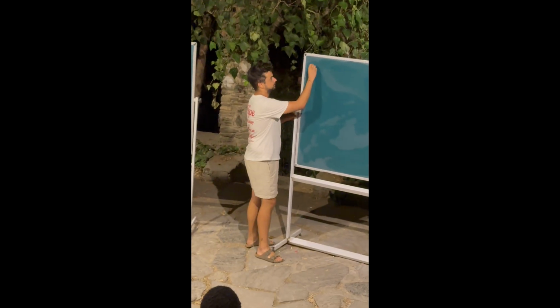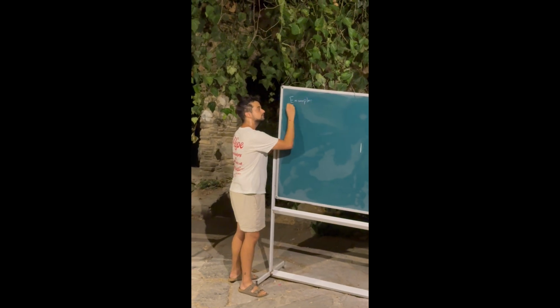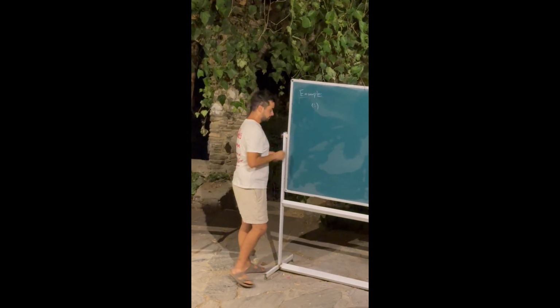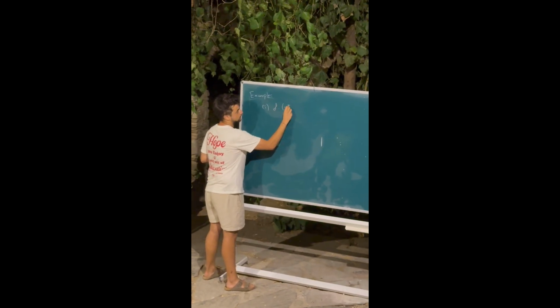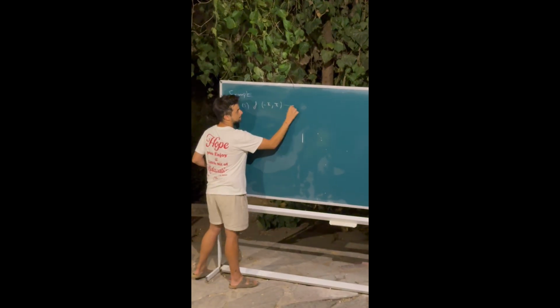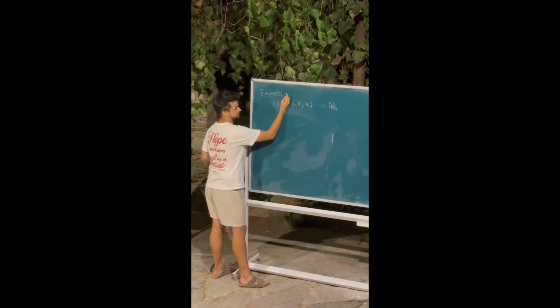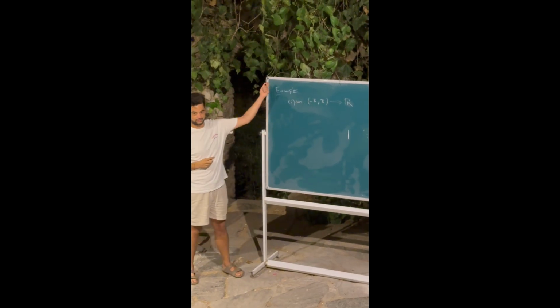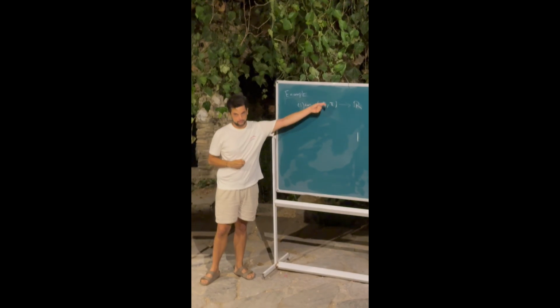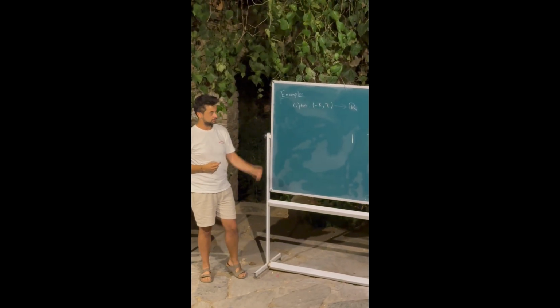So, for example, examples. 1. Well, I can just write the name of the function, I guess. So the tangent function is a continuous function from this interval to the entire R. And its inverse is also continuous.